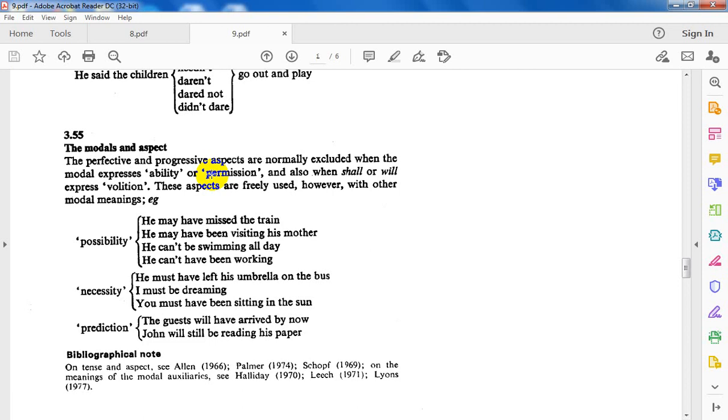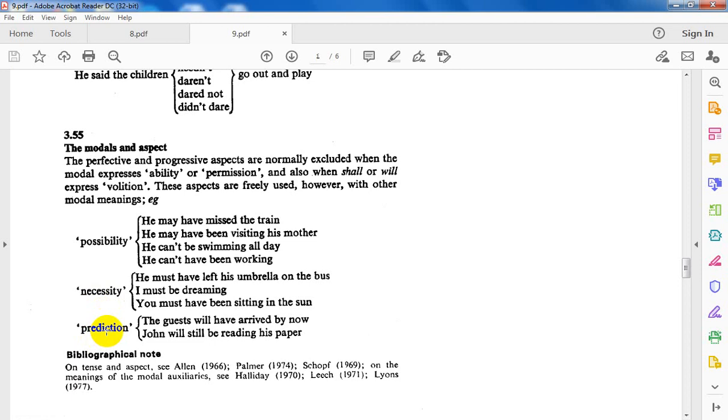I can drive a car cannot be changed to I can be driving a car, or I can have driven the car. So if the meaning is ability, permission, or volition, meaning insistence, intention, willingness, these cannot be used with perfective and progressive. Other meanings are okay with perfective and progressive. What remains are possibility, necessity, and prediction, which is with will.